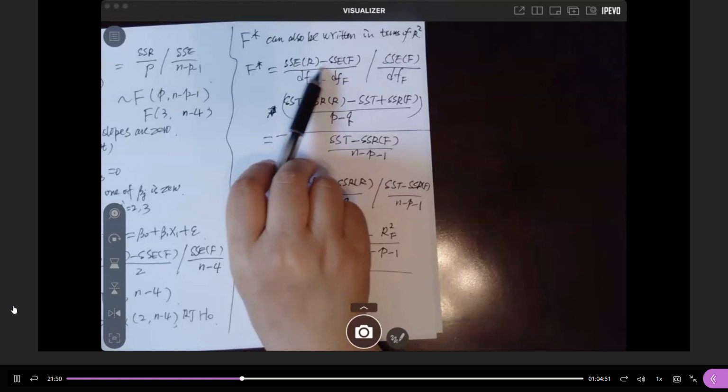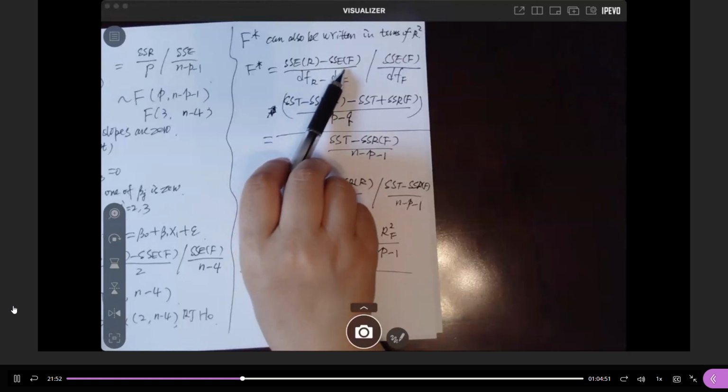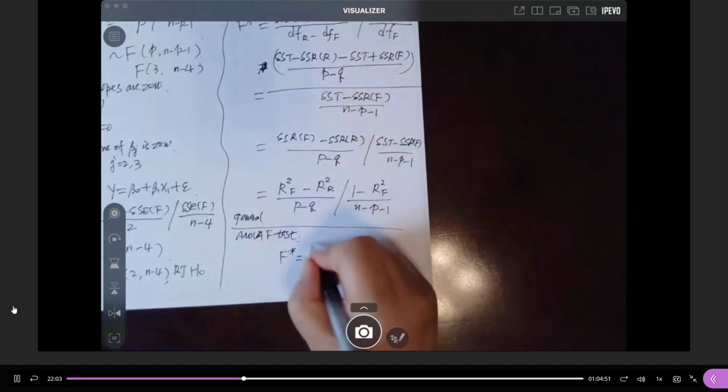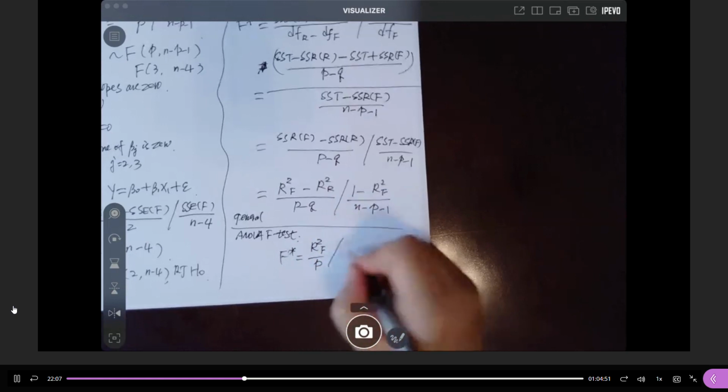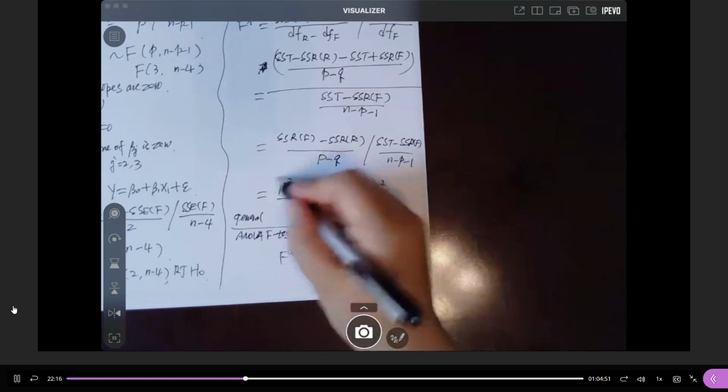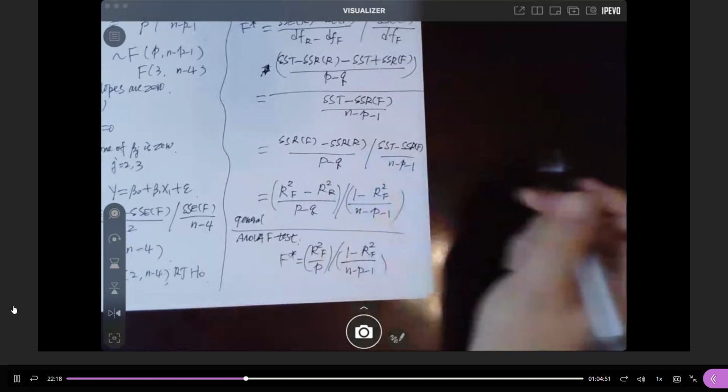So this is actually SSR for the full model. Divided by SST, you get the R squared. So you basically get F star equal to R squared F over P divided by 1 minus R squared F over N minus P minus 1. Sometimes I didn't put that, but that should be clear.